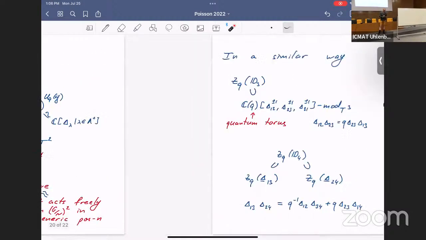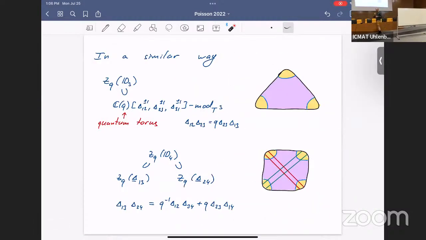Okay. Now I can play the same game and see what happens in a triangle, right? Well, very similar things happen. And indeed, inside of this category that we assigned to a triangle, I'll find an open subcategory of modules over a quantum torus.